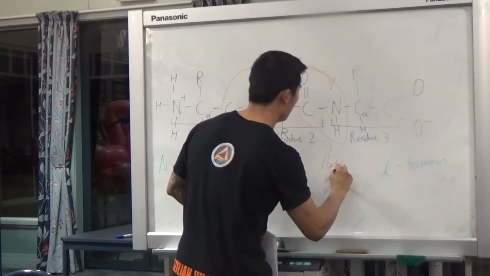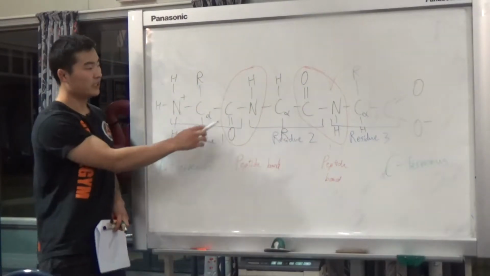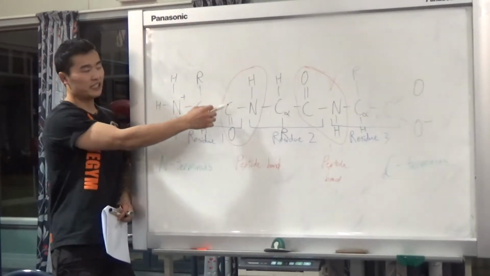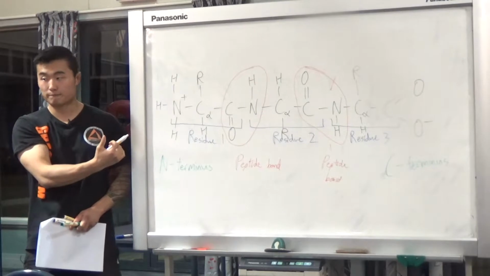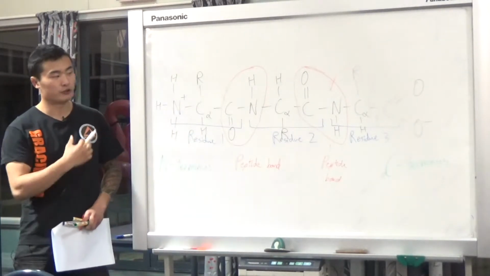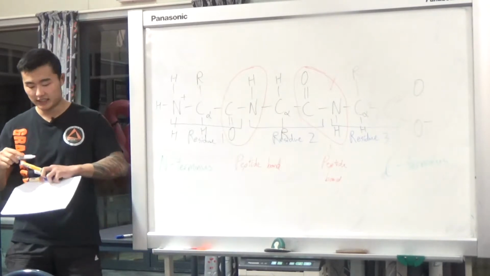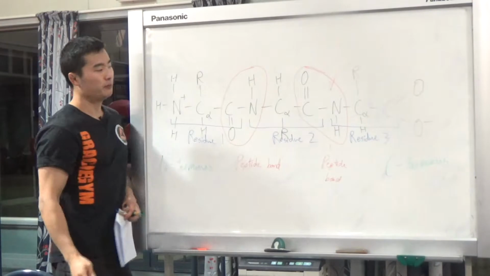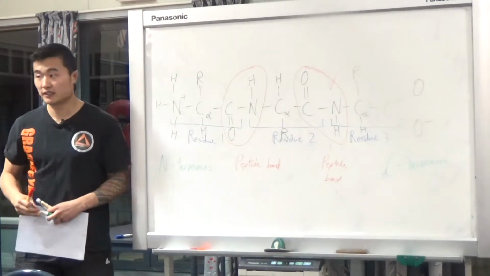Remember that the peptide bond is actually trigonal planar, so this isn't actually the correct configuration, but when we're drawing it, we just draw it in a straight line because it's easier. Otherwise, your peptide would be going all over the page. Okay.